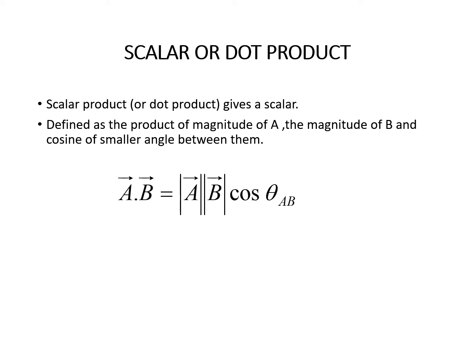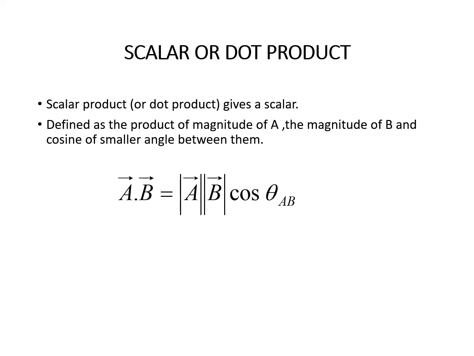It is defined as the product of magnitudes of A vector and magnitude of B vector and cosine of smaller angle between them. So from the definition we can write the formula: A vector dot B vector is equal to magnitude of A vector, magnitude of B vector, cos theta AB. Theta AB is the angle between A vector and B vector. The result of dot product is a scalar.